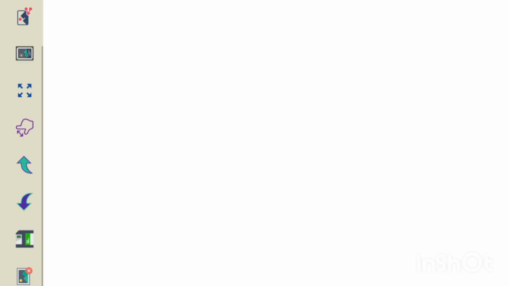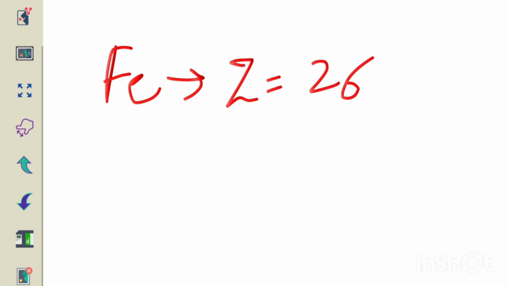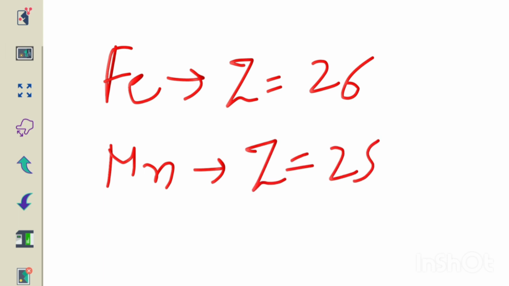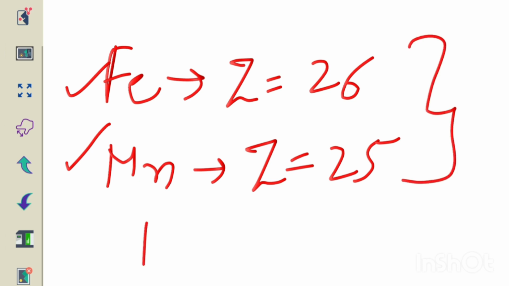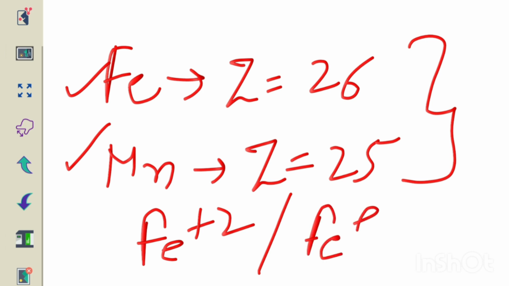Now for practice, you can try for iron, atomic number equal to 26, and for manganese, Z equal to 25. So try these two, and similarly you can go for the ions, like Fe+2 or Fe+3.